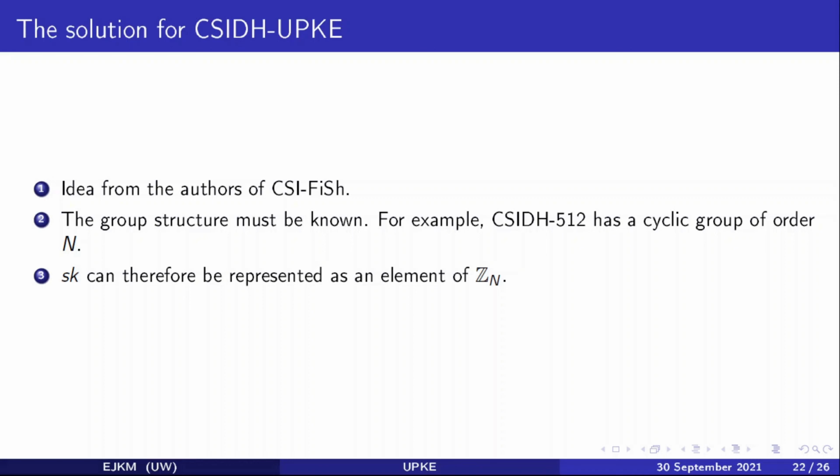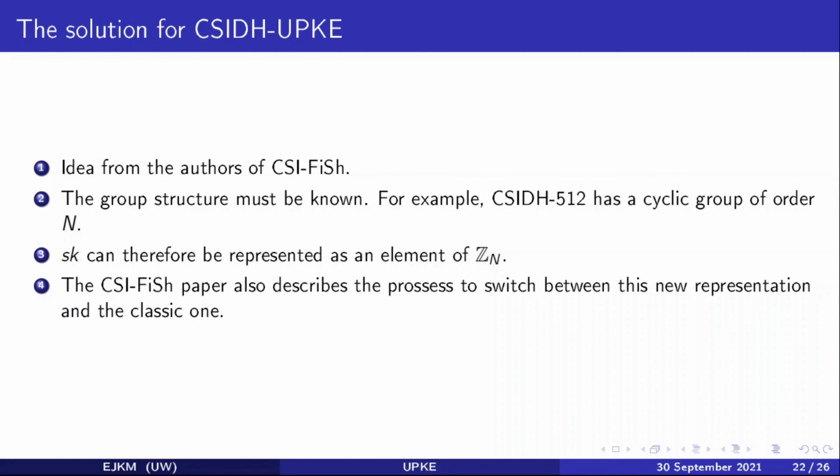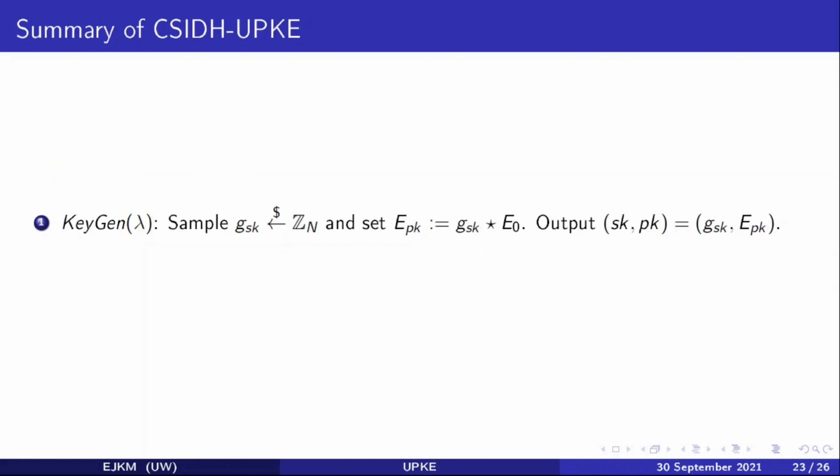Because of this, both the issues of having keys becoming larger and larger and the issue of having the new keys being centered around the old keys disappear because of the cyclic property of finite groups. Also, the Sci-Fish paper describes how to go from the old representation to this new representation using finite groups.